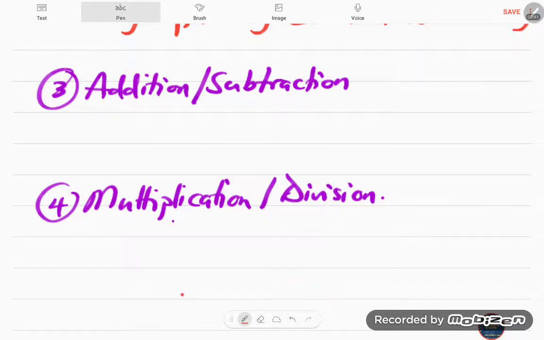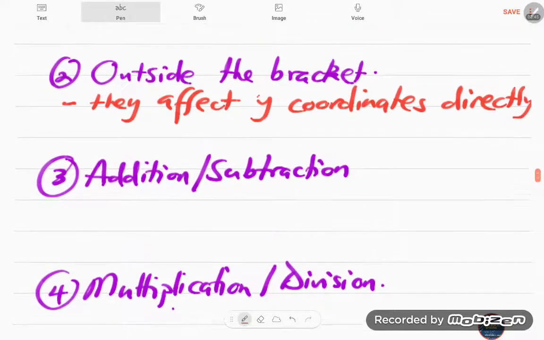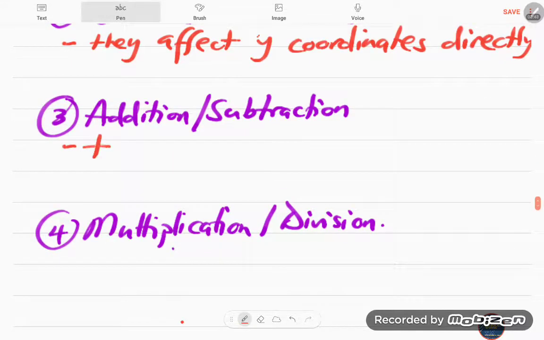Okay, so with addition and subtraction, these will always yield translation types of transformations.